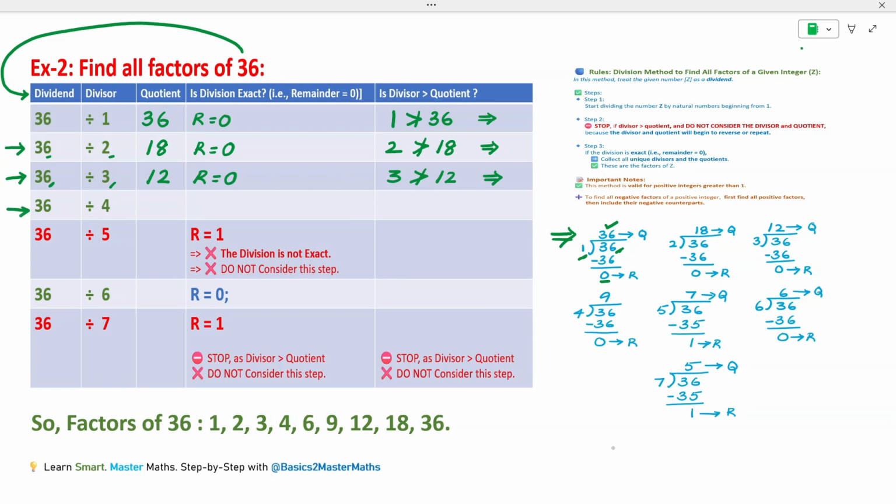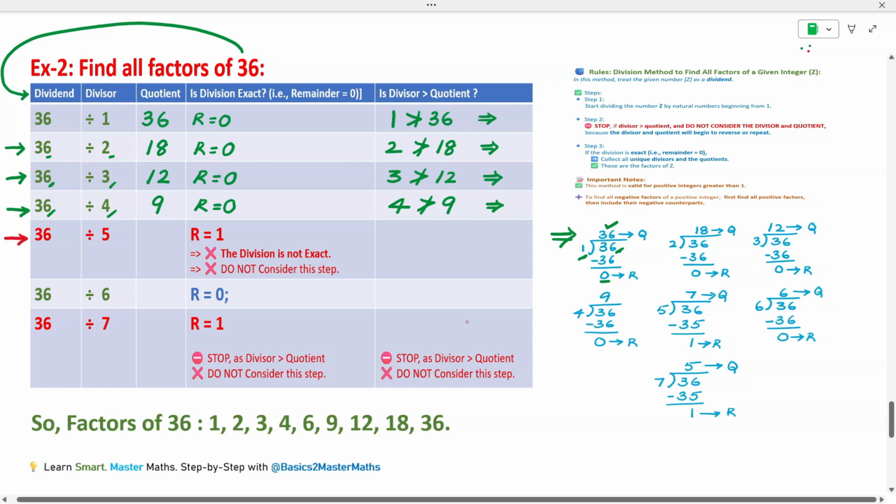Here, when we divide 36 by 4, we get 9 as the quotient and 0 as the remainder. In this case, the divisor is 4, which is not greater than the quotient 9. So, continue to the next step.